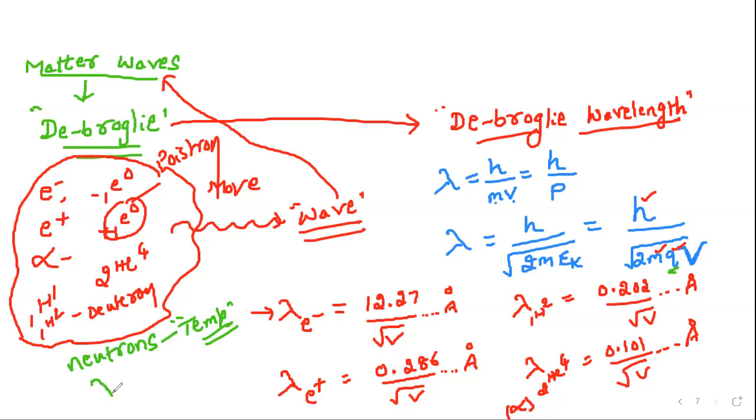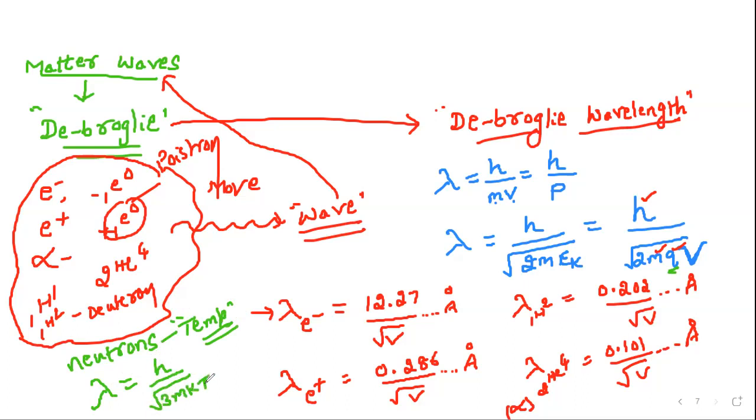The wavelength of thermal neutrons is given by the formula lambda is equal to h divided by root of 3 times m into kT.